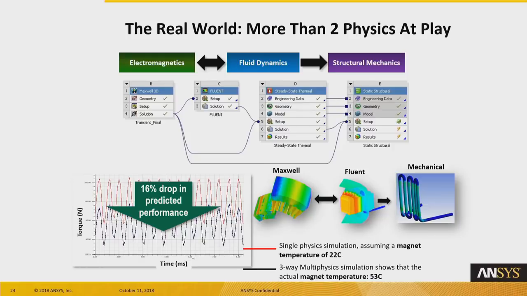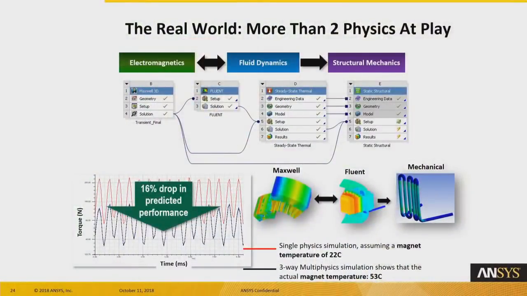In order to solve this problem completely, we need to couple the fluid dynamics with the electromagnetics and structural mechanics. So in this particular case, we use Ansys Maxwell in order to calculate the generation of the electromagnetic field and its dissipation into the heat inside the coils. We use Fluent in order to solve for the flow of the coolant.